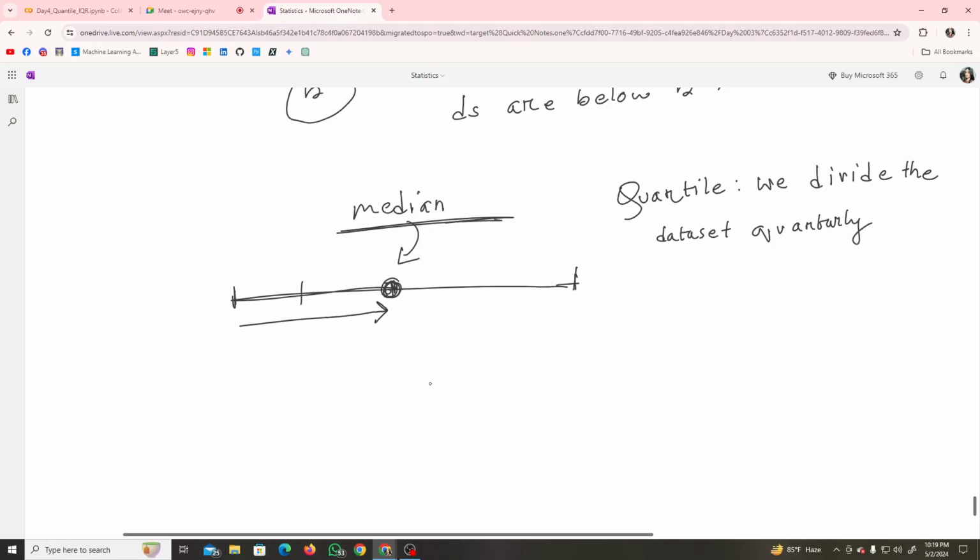So suppose 0% of the data, 25% of the data, 50% of the data, then 75% of the data, and then you have 100% of the data. This is how you are going to divide the whole data into 4 parts.